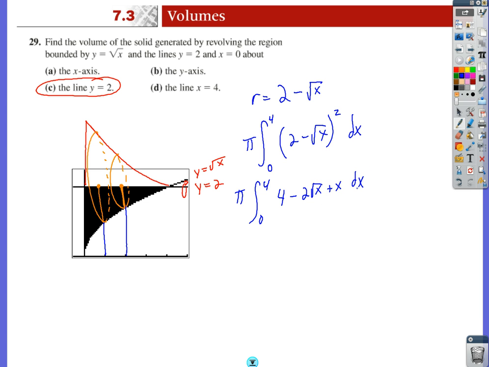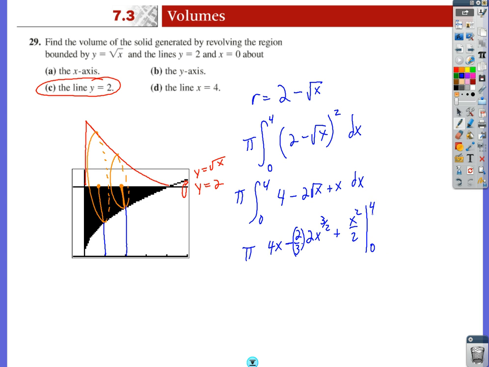I'm now ready to take my antiderivative. So that'll be 4x minus 2x to the 3 halves divided by 3 halves, which is the same thing as being multiplied by 2/3, plus x squared over 2, evaluated from 0 to 4.